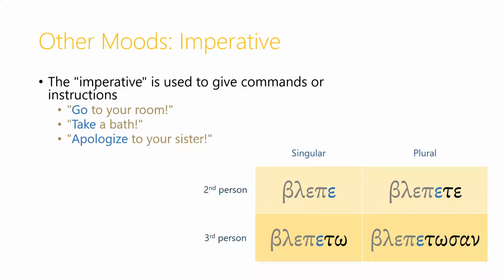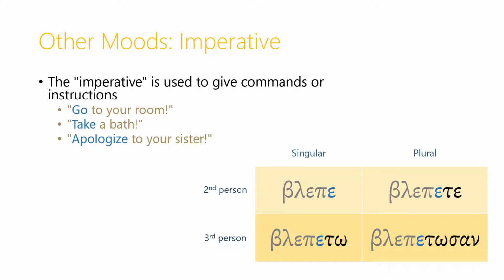If I want to make it plural, I just use the second person plural form of the indicative present tense verb, blepete. But in this case, in context, it can be clear that I'm not just saying you see and describing the fact that you have sight, but I'm giving an instruction. See, look.